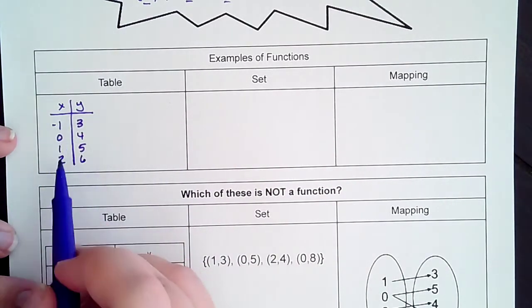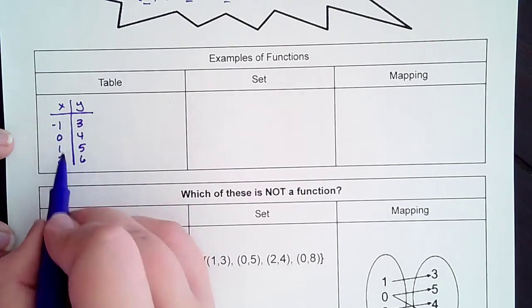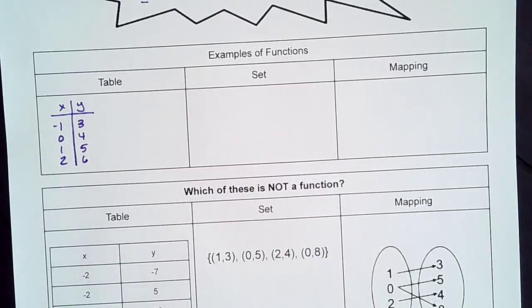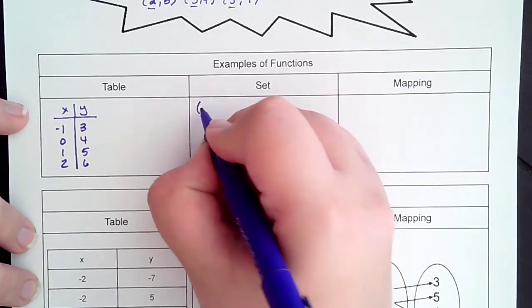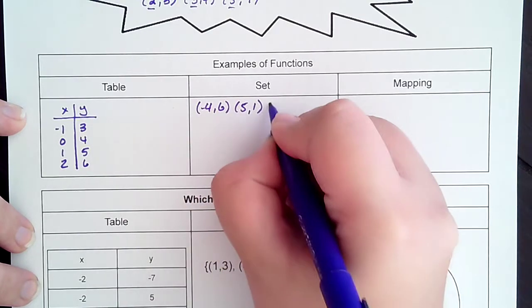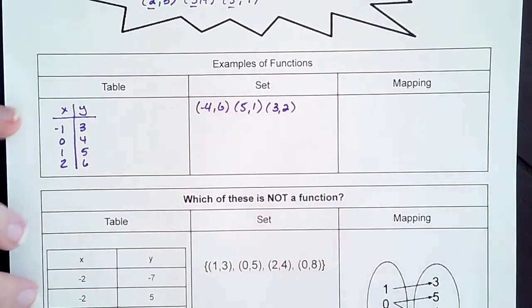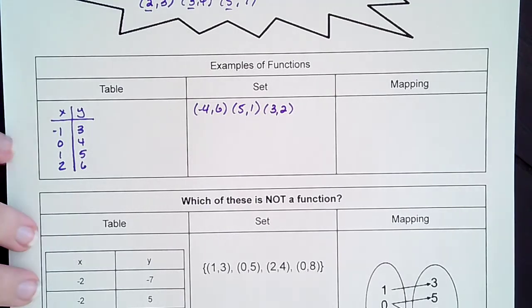I don't have any numbers where -1 goes to 3 and 4, -1 goes to 5, anything like that. It's just one x gets one y. A set would be -4, 6, 5, 1, 3, 2. Again, your x can't repeat. That's the only thing that makes this special.